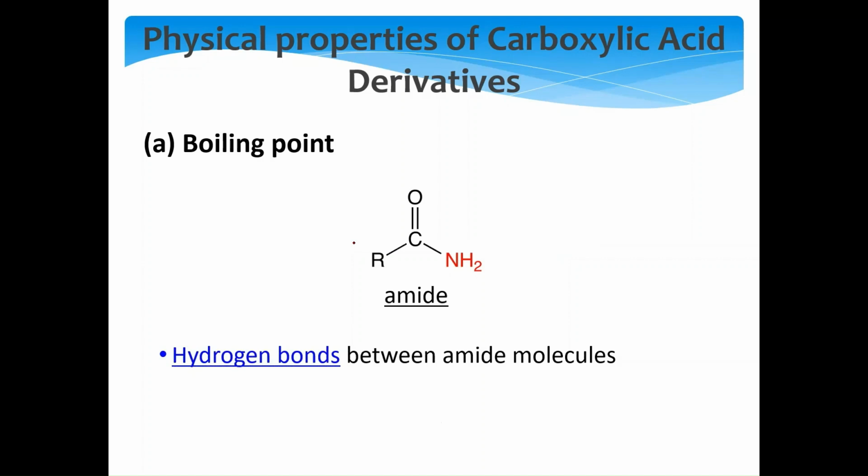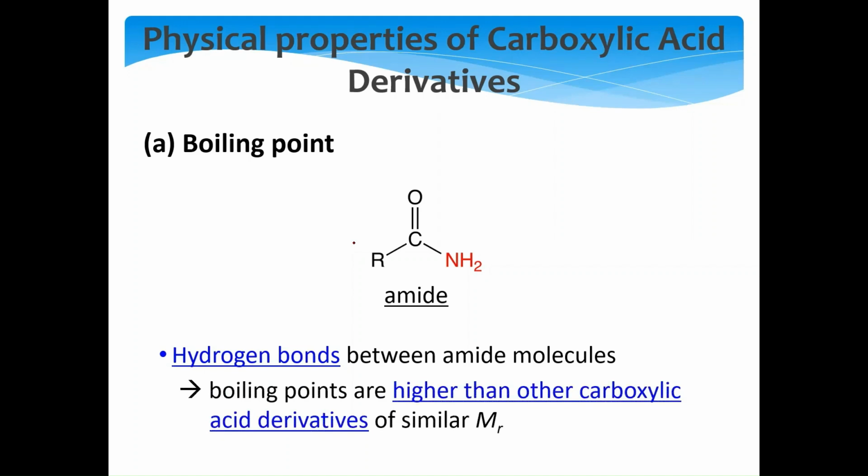So we can have hydrogen bonds between the amide molecules, as there is an H bonded to N. In fact, there are two H's bonded to N. So comparing the boiling points of amides to other carboxylic acid derivatives, I'm not talking about carboxylic acids here, but other derivatives such as ester and acyl chloride, their boiling points will be higher, especially if they have similar Mr. Because recall in the previous slide, the other carboxylic acid derivatives like esters and acyl chloride are only capable of PD-PD interactions between molecules, but amides are capable of forming hydrogen bonds between the amide molecules.